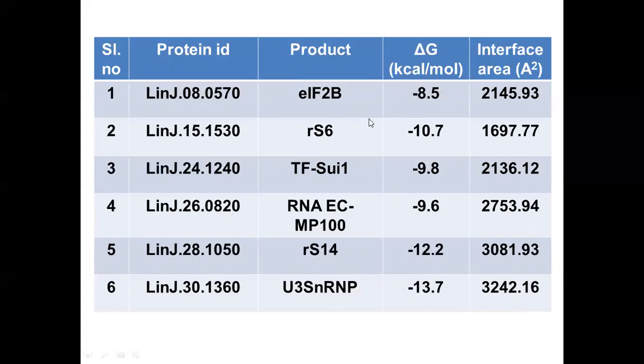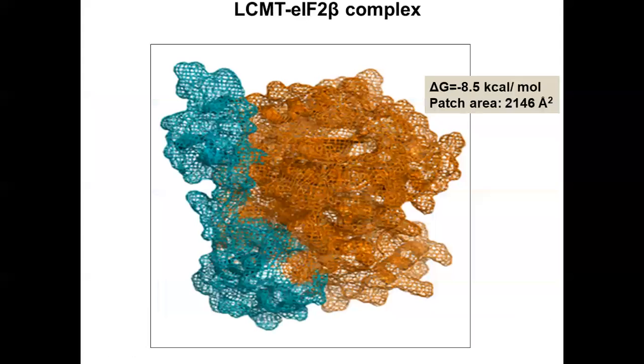All of these proteins include some elongation factors, some ribosomal proteins, some small RNP protein. All of these proteins interacted pretty well with LCMT as reflected by our in silico protein-protein interaction method. One of the candidate interactions of particular interest is that of elongation factor 2 beta protein with LCMT, and we are presently working on it.